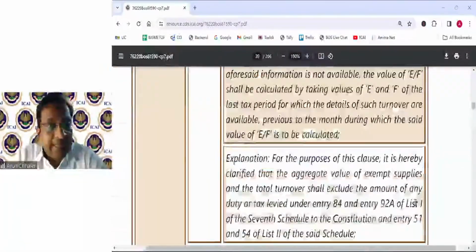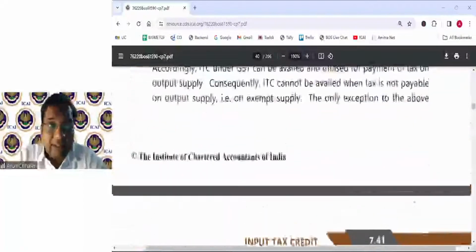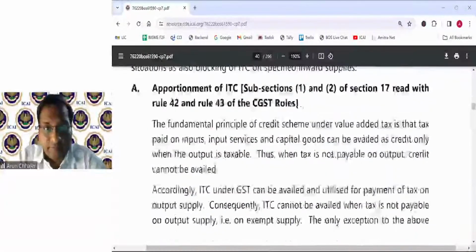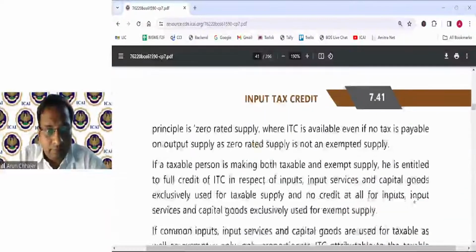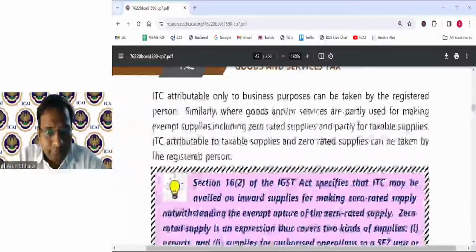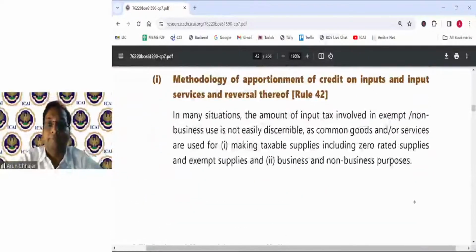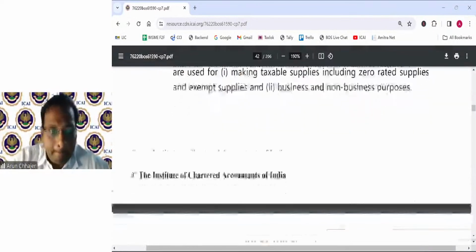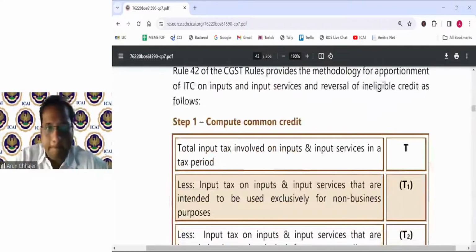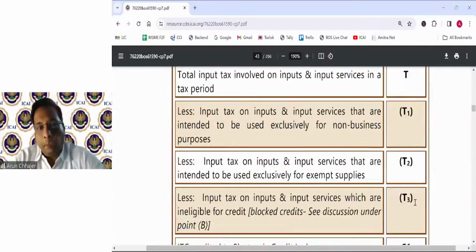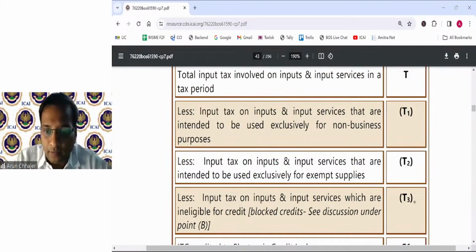Now I am coming directly to where the analysis is. Clear till now, na? Great.